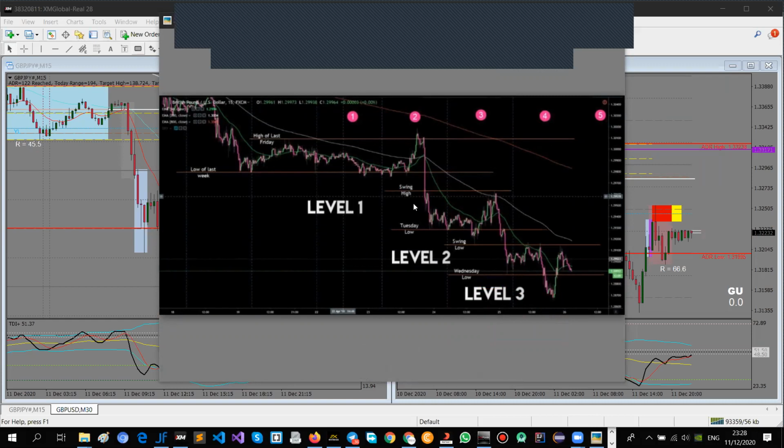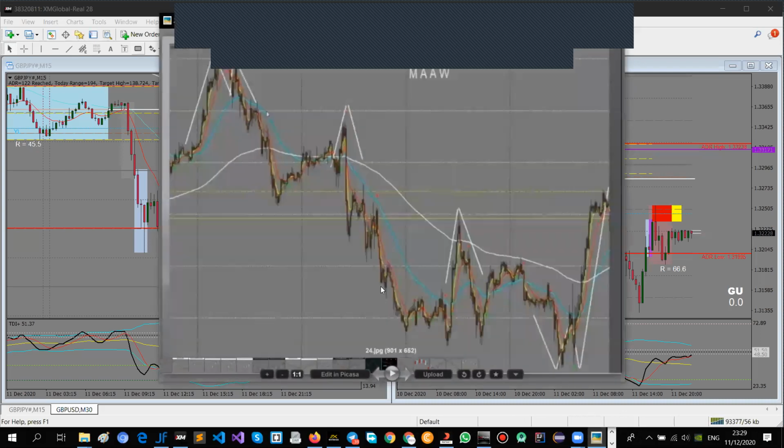That's the low method. As you can see right here, the low of the last week, high of the last week. Went on to Monday, level 1, giving us a lower low, a higher low, lower low, higher low, lower low, higher low.